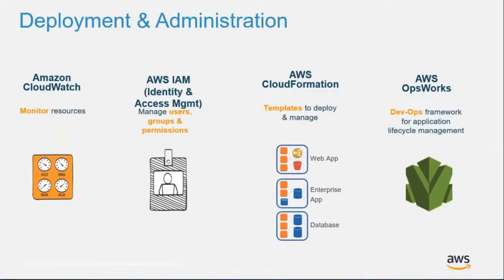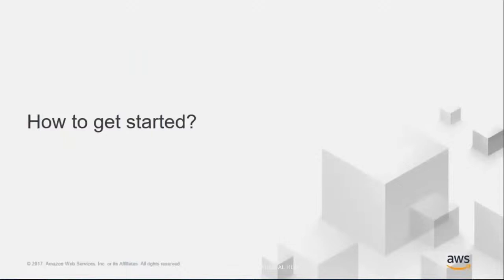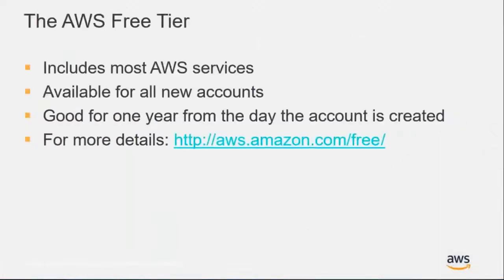After that, how do you really get started on AWS? How do you start using it? There can be many ways you could do that. The first and most important way is what we call the AWS Free Tier.